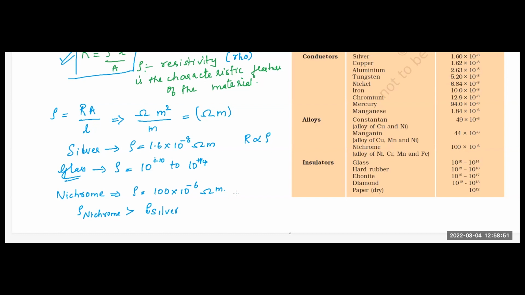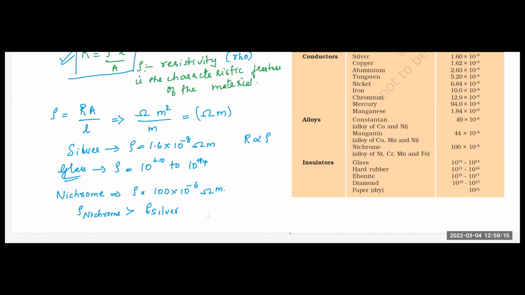Because of that, alloys are used in heating purposes where we need higher resistance. Again, there is another reason why alloys are used for heating: they have a very high melting point. When you heat a coil of wire, if it had a very low melting point, it would melt, right?